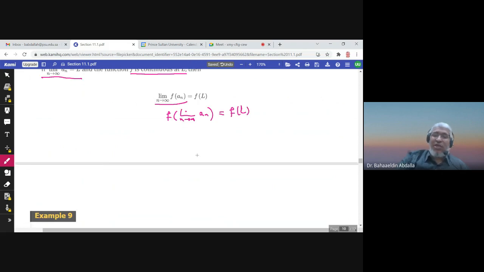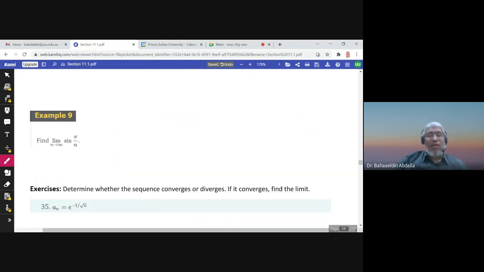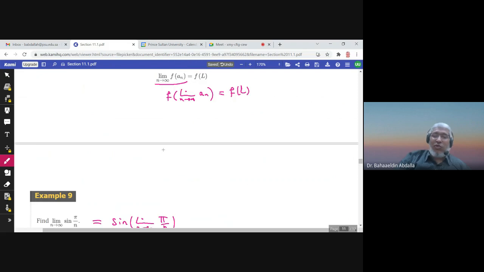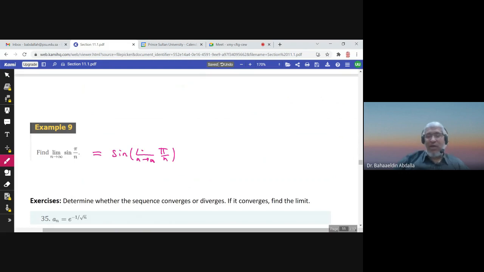Okay, let us illustrate by example. How to find the limit of sine pi over n? Well, you can immediately write this as sine of the limit of pi over n when n goes to infinity. So f of the limit, okay, you let the limit inside the sine.